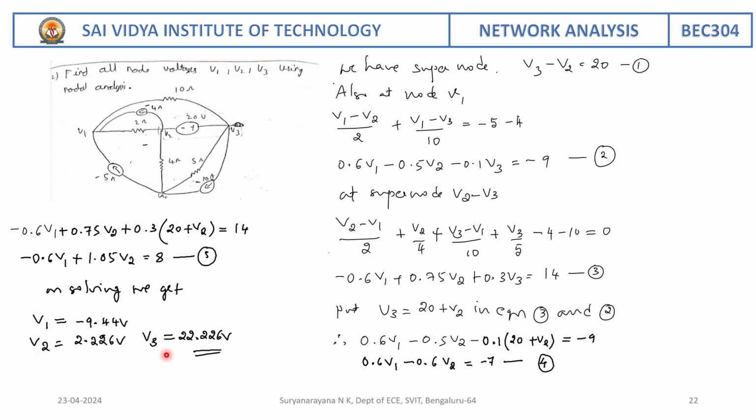What is V3? V3 is nothing but 20 plus V2. What is V2? Substitute 20 plus 2.22, you are going to get V3 as 22.22 volts. That is the value of V1, V2 and V3 for this network shown using nodal analysis.